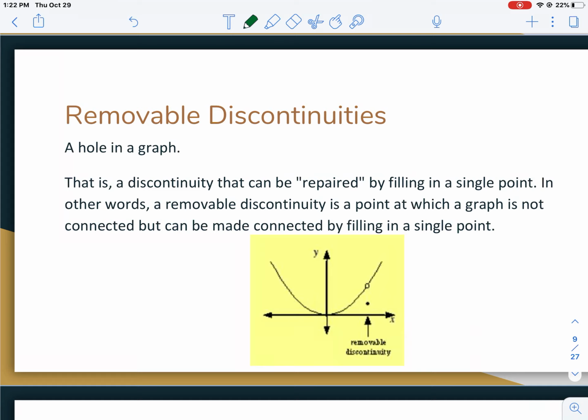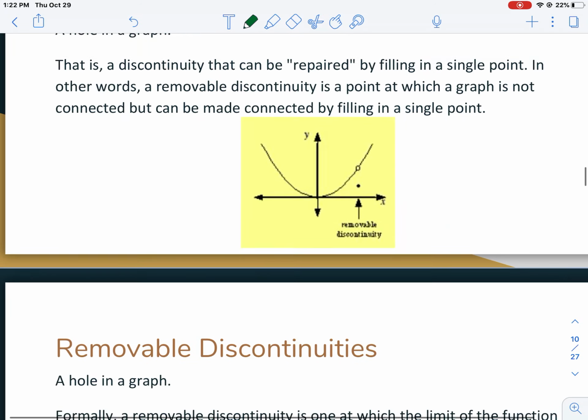An example of a removable discontinuity is a hole. So remember, a hole is, the graph is going there, but the function value doesn't exist at that point, okay? So there's a graph as an example, and we've seen tons of holes.